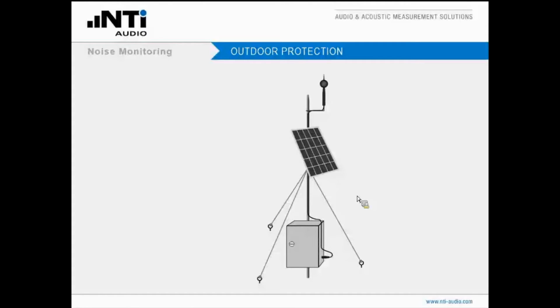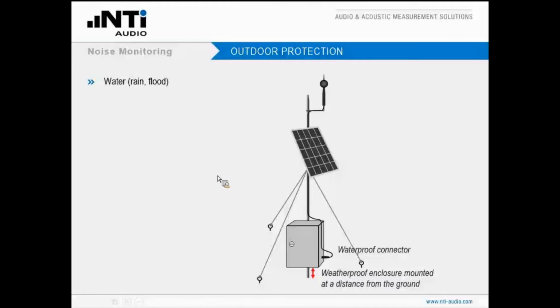Well, on this slide, I want to schematically show you the challenges that you have to cope with when you set up your noise monitor out in the field, exposed to the weather and everything. This is just an example. It can look completely different, but I want to explain to you the key aspects that need to be considered. The first one would be water, either rain from above or some water coming from below.